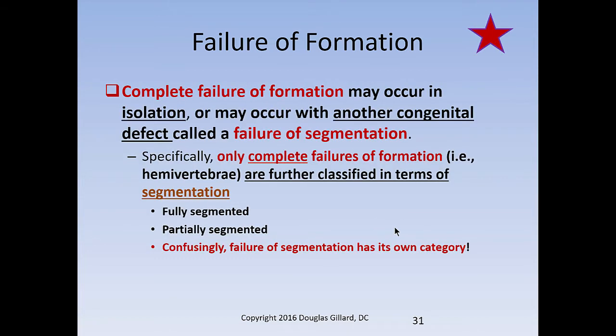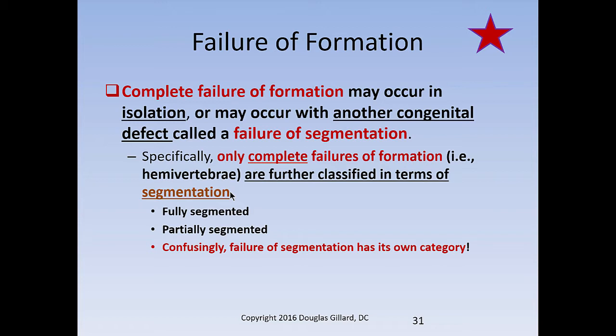Complete failure of formation may occur in isolation, or it may occur in combination with another congenital defect called a failure of segmentation. So this is kind of tricky to understand. Specifically, only complete failures of formation, which is a hemivertebra, are classified further using segmentation. Remember, the failure of segmentation was the second major class in and of itself.